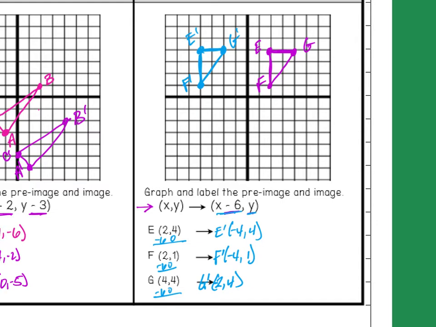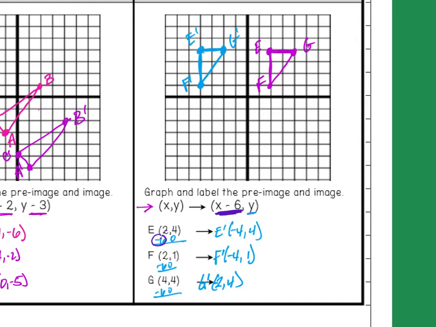Okay, so next, how did I get -6 on E? You mean this -6 right here? Well, it says I'm subtracting 6 right here, x minus 6. So I subtracted 6, so 2 minus 6 is -4. So I was just following the directions.